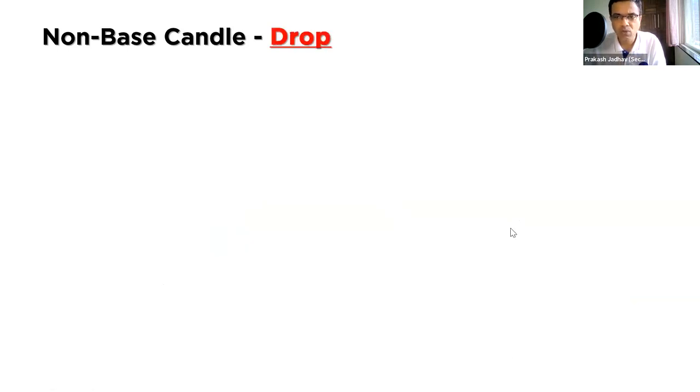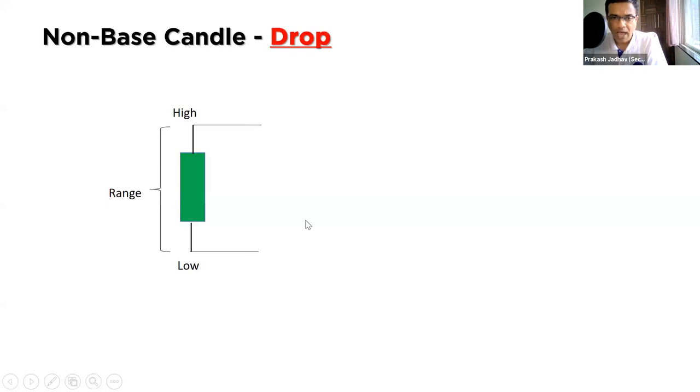On the contrary, if you go to a non-base candle which is a drop, say this is the range of the previous candle, and the current candle actually closed below the low of the earlier candle. We are referring to only one candle on the left, by the way.